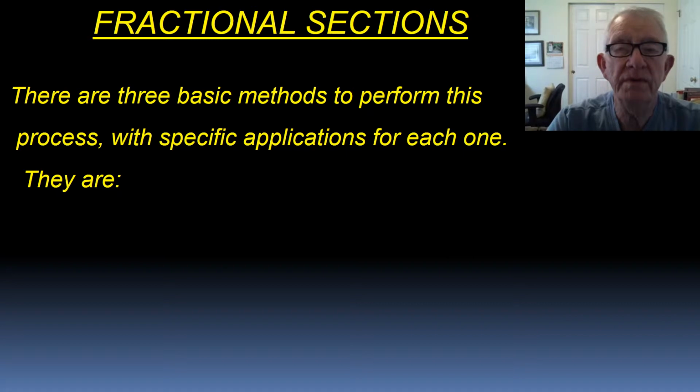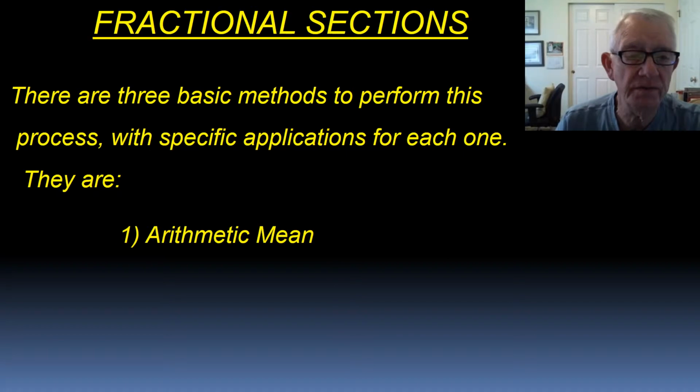Now, when we're subdividing fractional sections, there's three basic methods to perform this process, with specific applications to each one. First of all, it's the arithmetic mean, or the mean of the two section lines to subdivide the section.